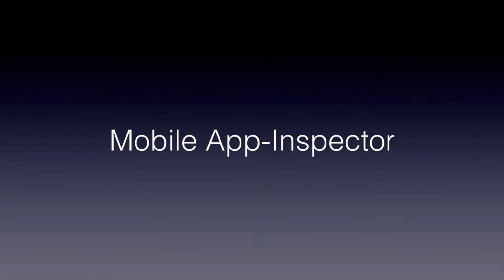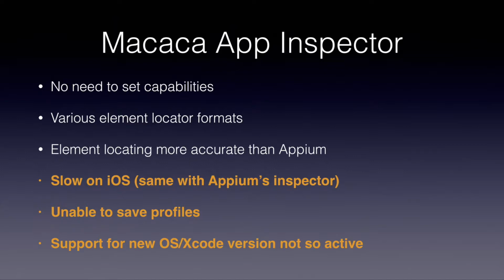Okay, next we will talk about the mobile app inspector. Here we will introduce two mobile app inspectors. The first one is the Macaca app inspector, and the second one is Appium Desktop's built-in inspector. We will have a brief discussion of the differences between these two. The Macaca app inspector's advantage is that you don't need to set the capabilities.